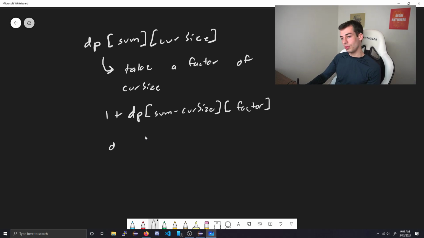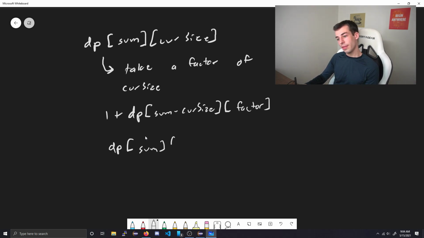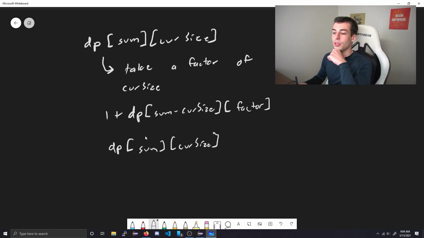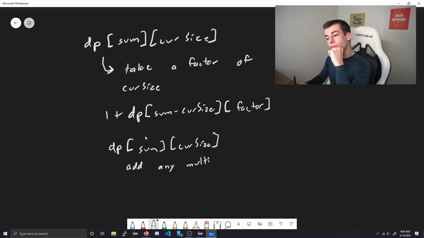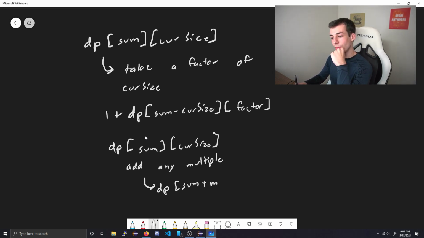You could also do DP at sum and then cur size, and then you could say add any multiple, and then you go to DP at sum plus like multiple, and then the new multiple.